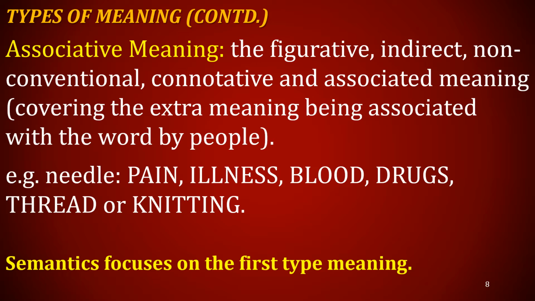So when we say needle, for example, the associated meaning could be pain, illness, blood, drugs, thread, or knitting, for example, in sewing. Now, semantics focuses on the first type of meaning, which is conceptual meaning.